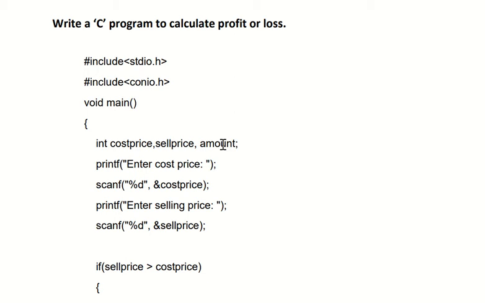First of all, two header files, that is #include stdio.h and #include conio.h. After that, the void main function and open the bracket. As I said, we are asking the user to enter the cost price and selling price, so for sure we require two variables, cost price and selling price.